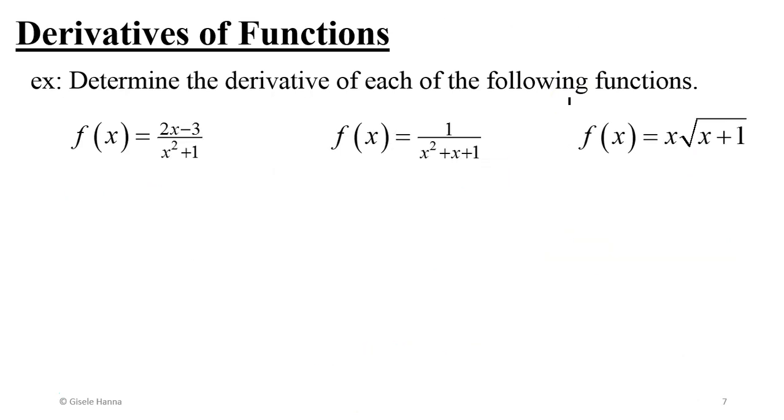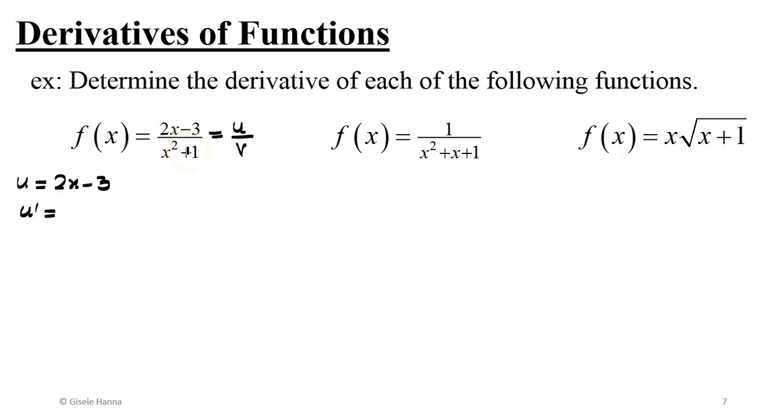Now, moving to the last set of examples we have here before we wrap up this lesson. Looking at this function, it's in the form of a quotient, u over v. So I'd start by finding u, because we've just seen that the derivative of u over v is not u prime over v prime.